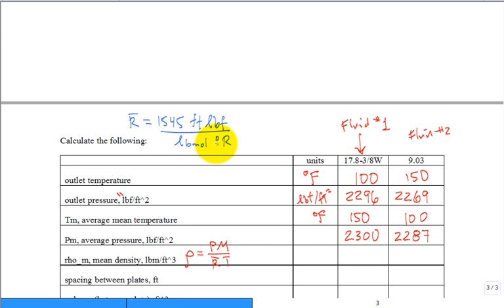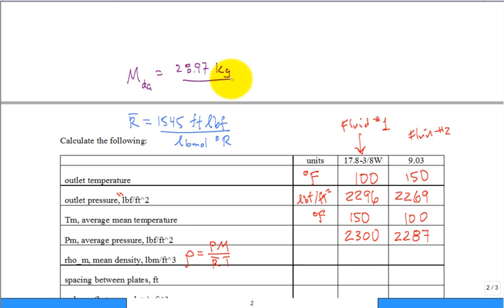Oh, Professor, I don't like pound mole. I know. The molar mass of dry air, 28.97 kilograms per kilomole. It's also 28.97 pound mass per pound mole.